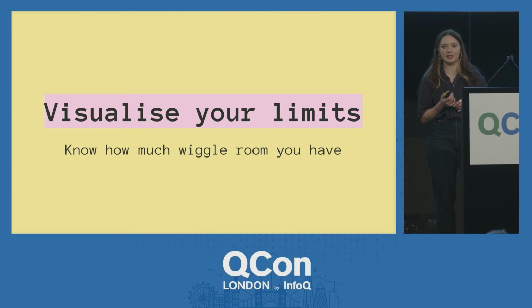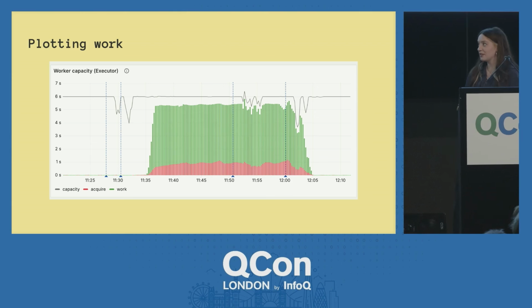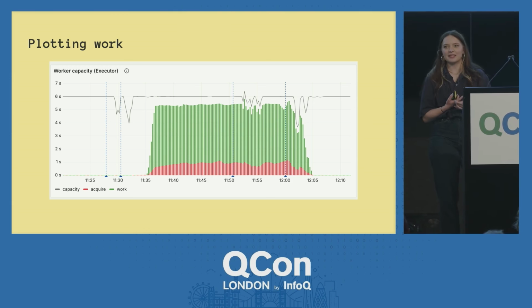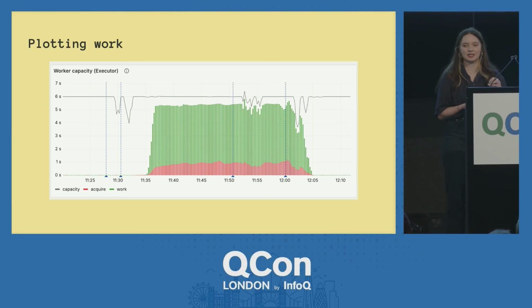Not everything has a ceiling or a clear breaking point, but when they do exist, make sure you're putting them on your graphs. So one way we do that is through plotting work, and we had a look at this visualization earlier. Work is basically a metric of how much my system is occupied at once, in seconds per second.